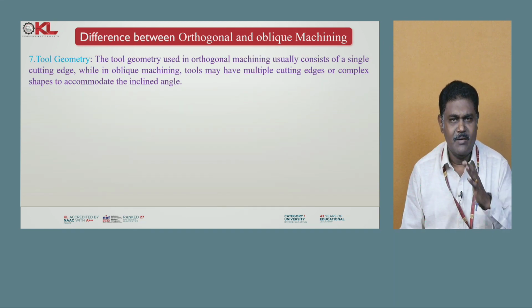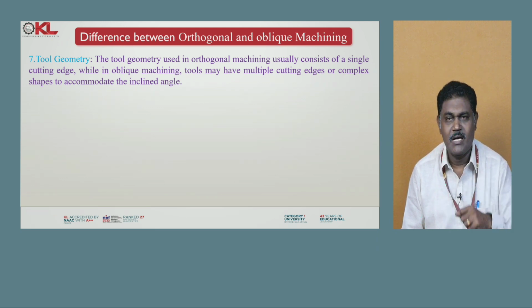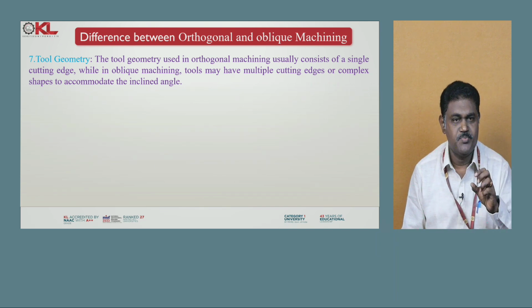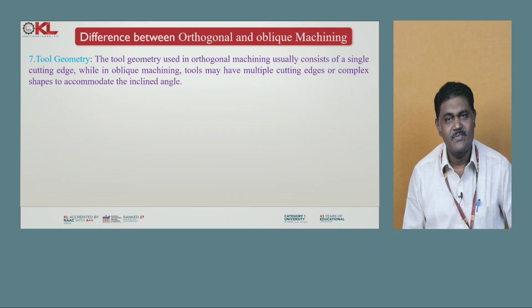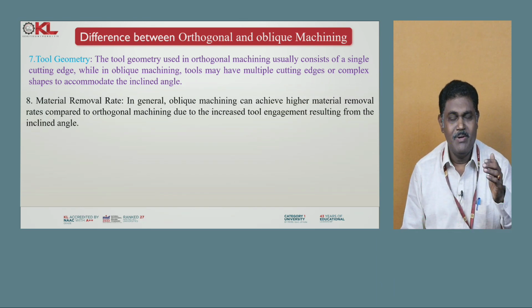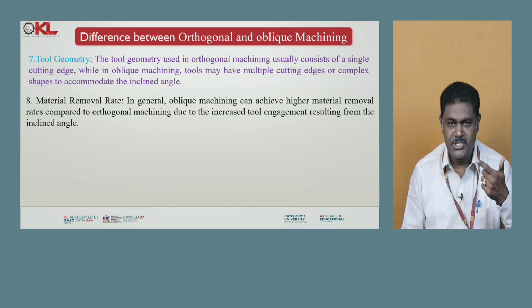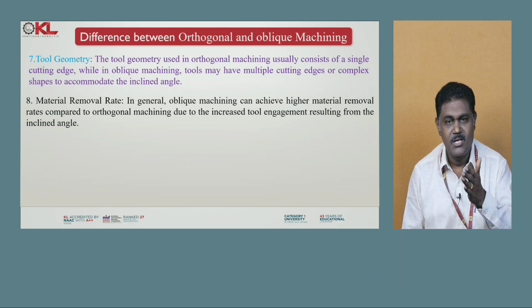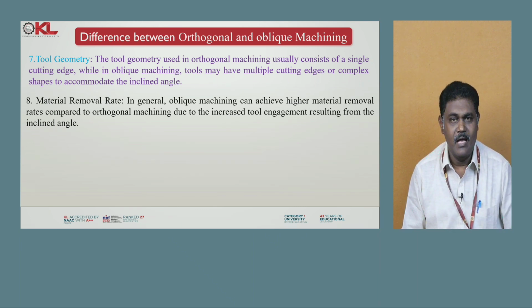Coming to tool geometry, the tool used in orthogonal machining usually consists of a single cutting edge, while in oblique machining tools may have multiple cutting edges or complex shapes to accommodate the inclination of the tool with reference to the workpiece. Material removal rate: in general, oblique machining can achieve higher material removal rates compared to orthogonal machining due to increased tool engagement resulting from the inclined angle.